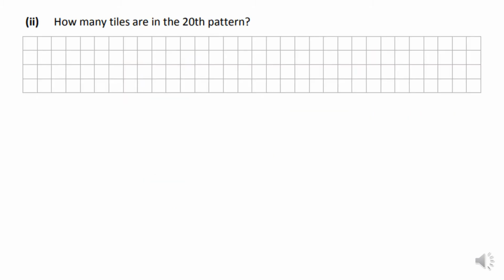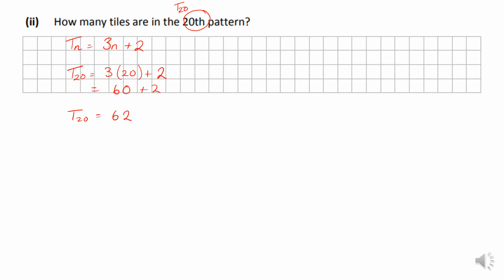The next part: how many tiles are in the 20th pattern? So 20th pattern, how many tiles? We're looking for T20. Now, we've done some work just previously that gave me the nth pattern was 3n plus 2, so use that going forward. T20 will be equal to, replacing n with 20, 3 twenties are 60, so T20 is equal to 62.